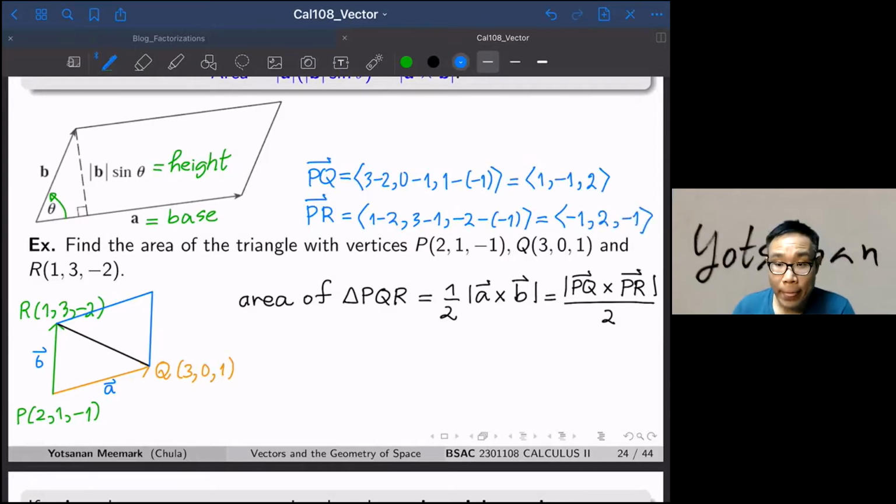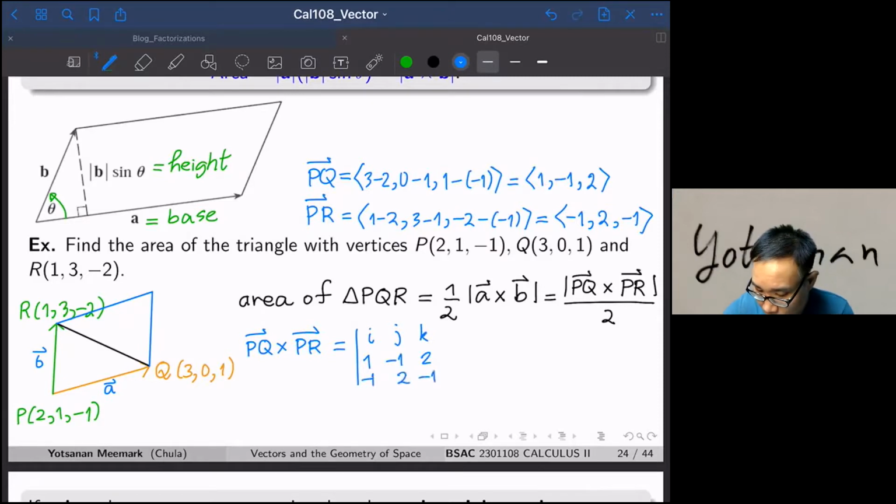So we're going to find PQ cross PR. So it's going to be the determinant with i, j, k on the top row, and then 1, negative 1, 2, and negative 1, 2, negative 1.